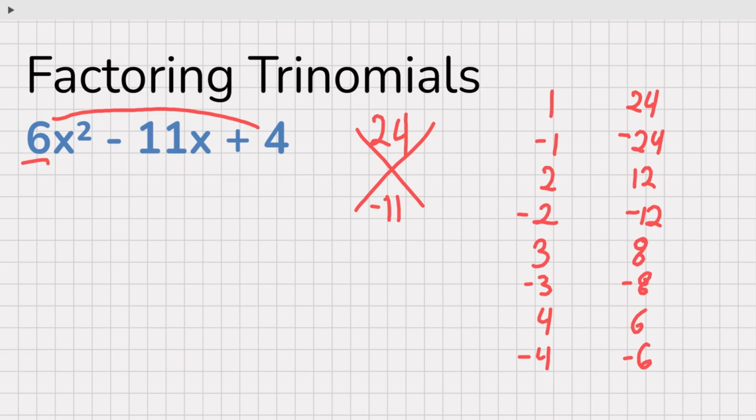And those are all of our possible ways. Now, what multiplies to get positive 24 and adds together to get negative 11? Well, hopefully you already figured that out: negative 3 and negative 8.